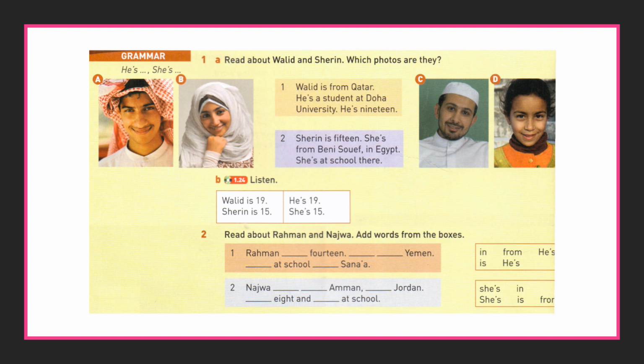Walid, we will change it with the pronoun, so we'll say Walid is 19, he's 19. Shireen is 15, she's 15.